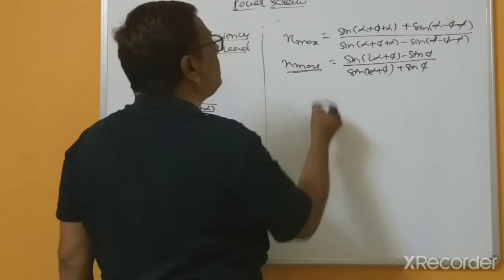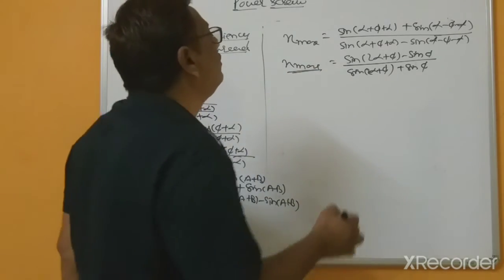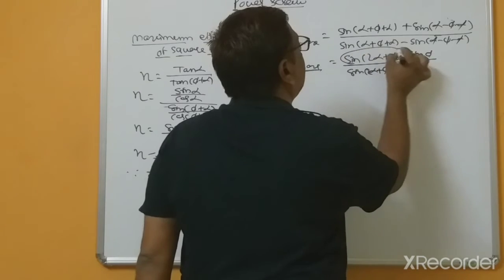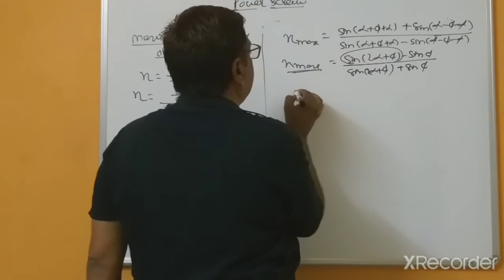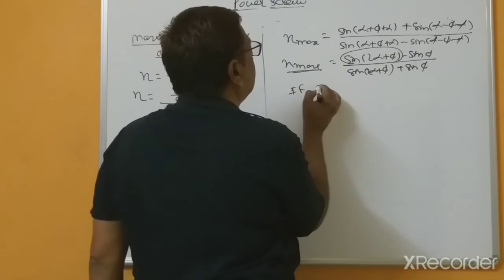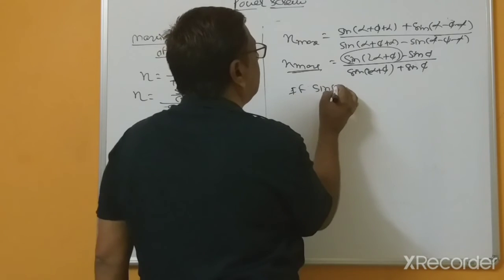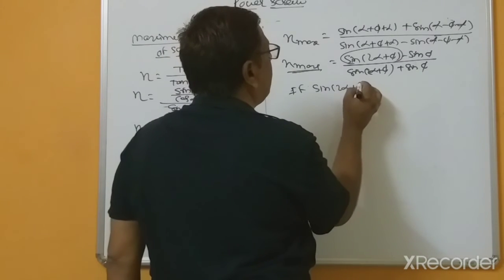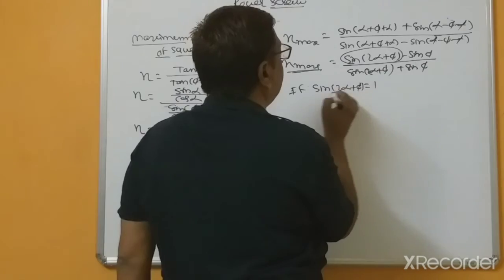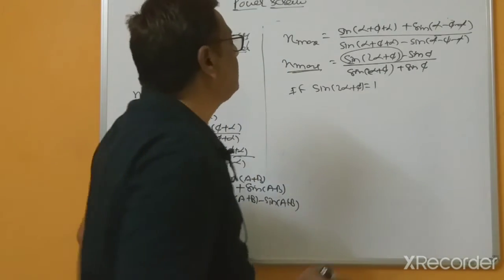So when this is maximum, if sin (2 alpha plus phi) equal to 1, efficiency is maximum.